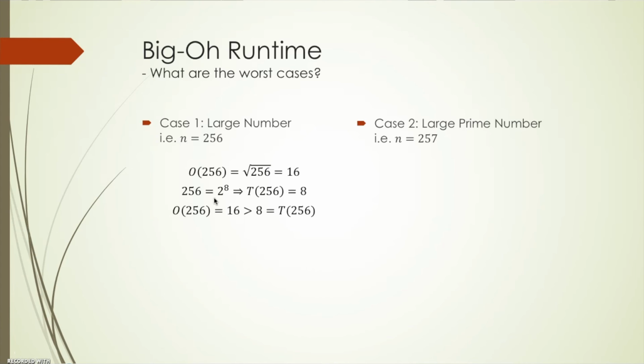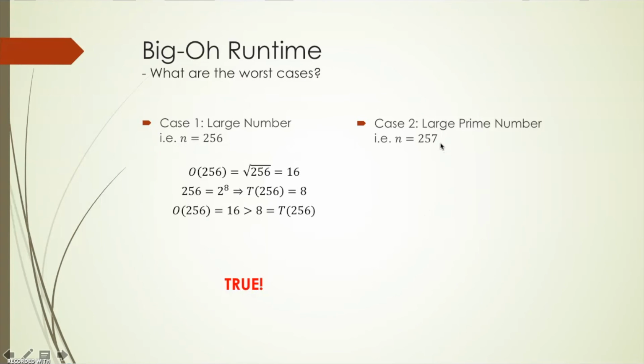And from the method that we had before, this means that there are 8 iterations. Therefore, we have T of 256 equals 8. So from here, we have our big O to be 16, and our T to be 8, and O is greater than T, and therefore it is true.